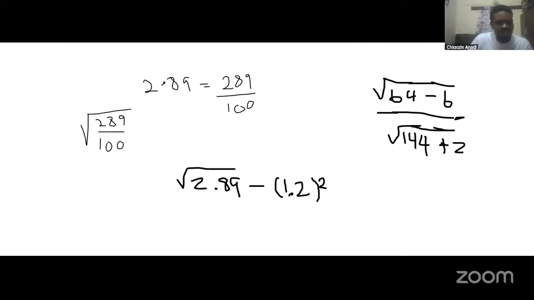That should not be very hard for you. 1.2 squared means 1.2 times 1.2, or you can change it to a fraction, 12 all over 10, squared. So I've turned everything to fractions now to make my work easy.